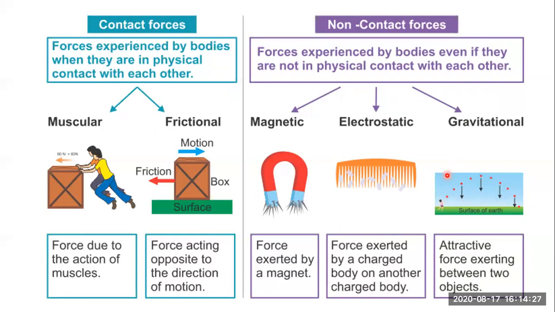Friction force is the resisting force which opposes the direction of motion, and it opposes the motion actually. Non-contact forces are forces exerted either by a magnet or by a charged electrical body or particle, or it may be attraction force due to the mass or the property of the particle by another particle.